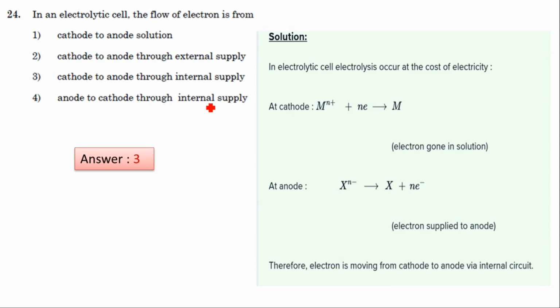Take the cathode reaction, where reduction occurs: in an electrolytic cell, at the cathode the metal ion is reduced to metal. At the anode, oxidation occurs and electrons are released. Therefore the electron moves from cathode to anode via the internal circuit. So option 3 is correct.